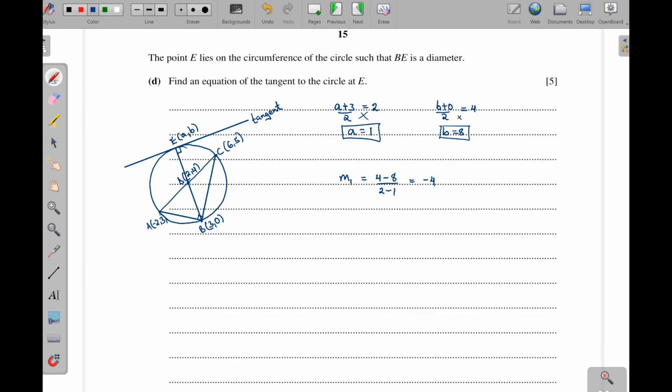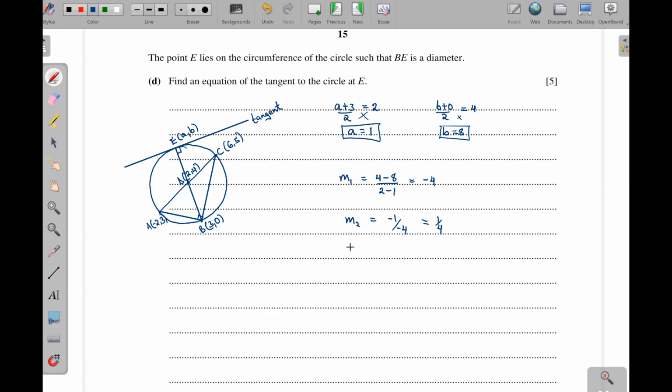So it is like that. A line that goes like this has a negative gradient, then a line that goes like this has a positive gradient. So I'll take this one to be like that. That means the gradient of the tangent has to be positive. So M2, which happens to be the gradient of the tangent, will be negative 1 over this negative 4, which becomes a quarter.